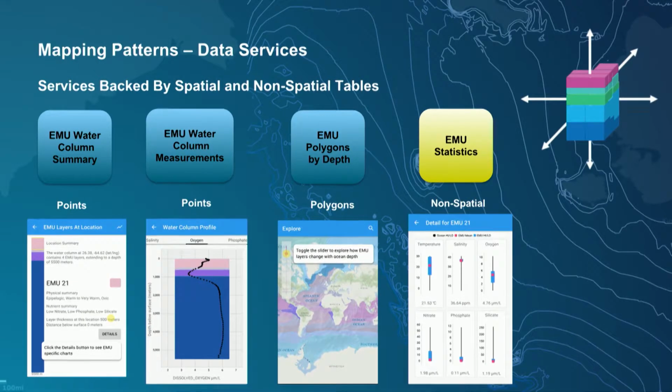So in terms of data services, what kind of things are backing this app? As I mentioned, we can query with the data layers we have. We can set up our data layers to be spatial, so they have a notion of location and geometry and geography. And then you can have non-spatial data that's purely just numbers, like a normal table in a database that doesn't have any location data.